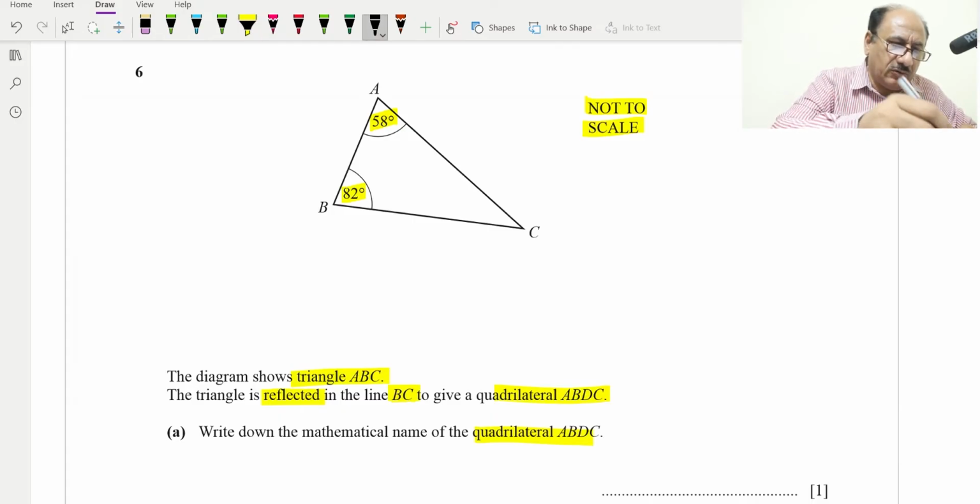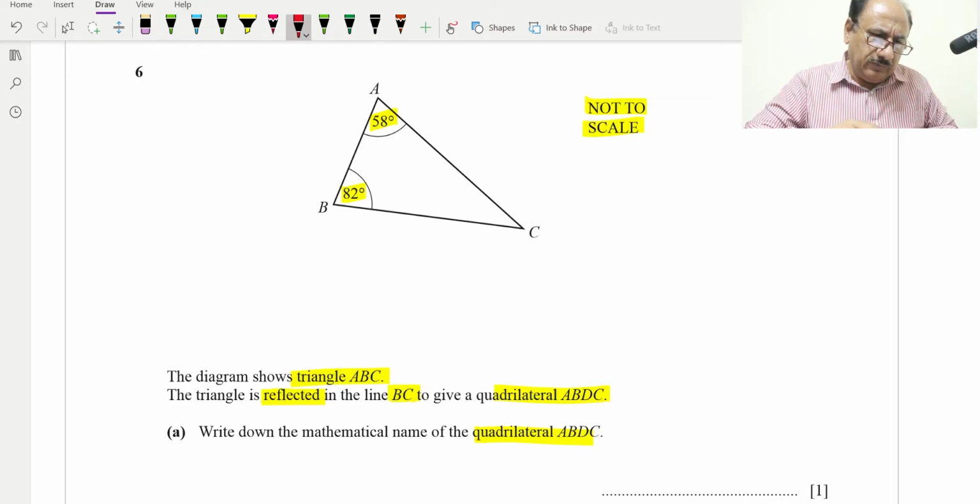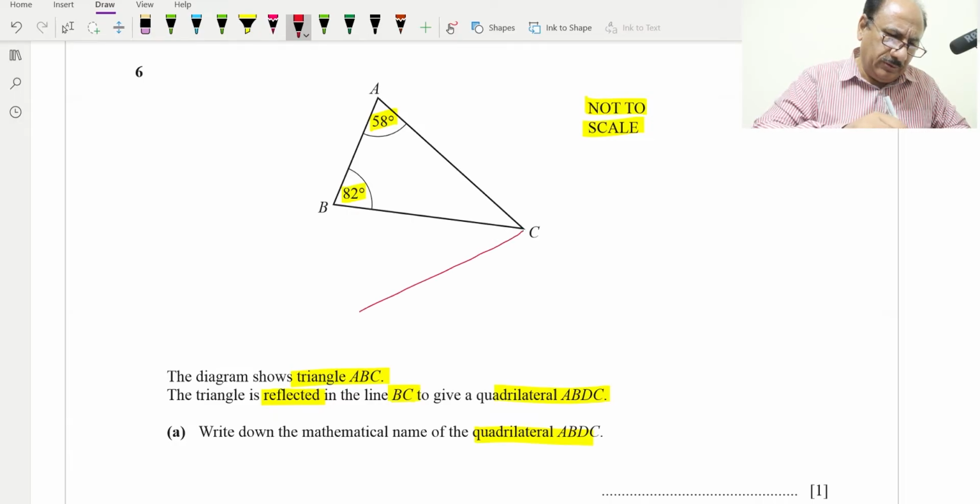So the reflection of that one, if we reflect that, roughly we can reflect it, like for example over here, so the reflection will be like this one, and it will be up to like this.